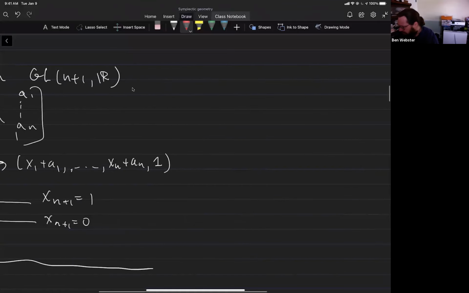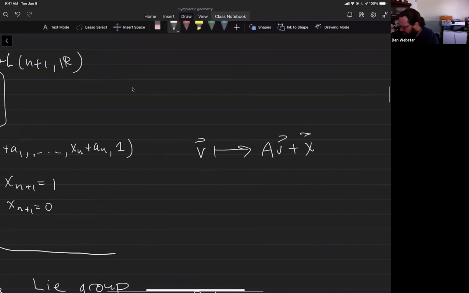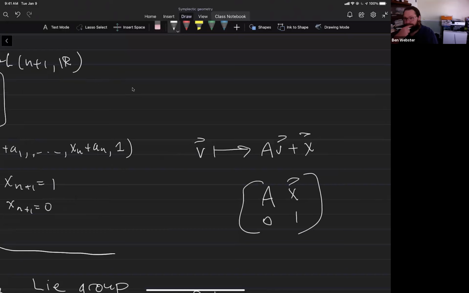The general formula for this is, if you have an affine transformation that looks like v maps to Av plus x, so here v and x are vectors, then you can turn this into the matrix: here's A, here's 0, here's x, here's 1.